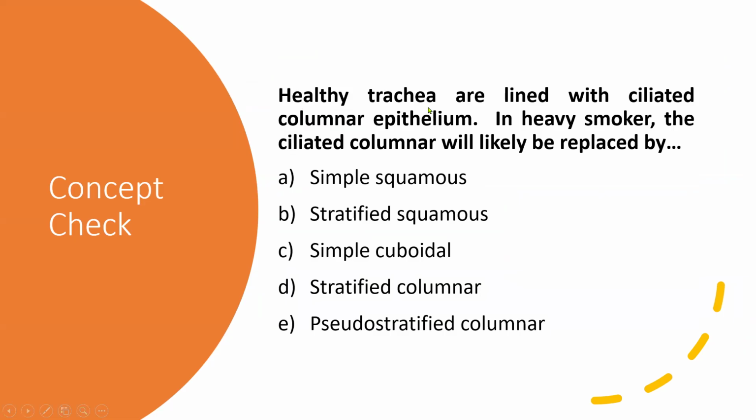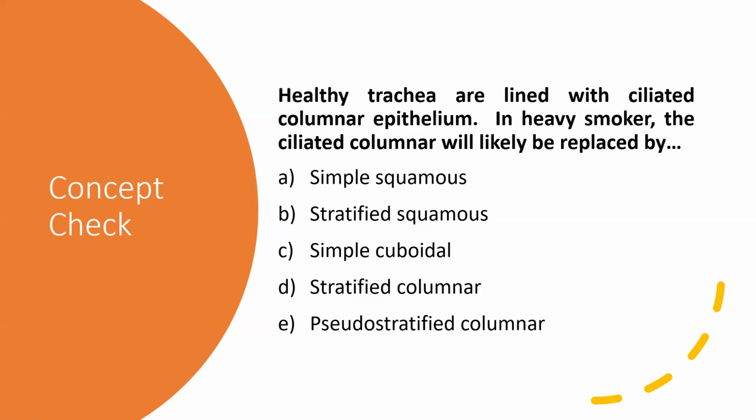Healthy trachea, which is the airway, are lined with ciliated columnar epithelium. In a heavy smoker, the ciliated columnar will likely be replaced by, well, if someone smokes, then the airway is exposed to all sorts of chemicals, the smoke and the temperature and everything, right?